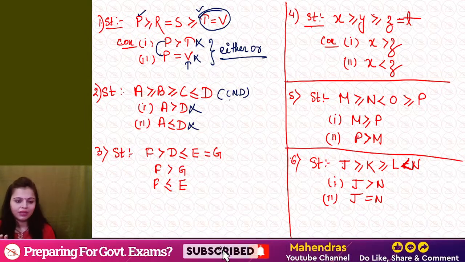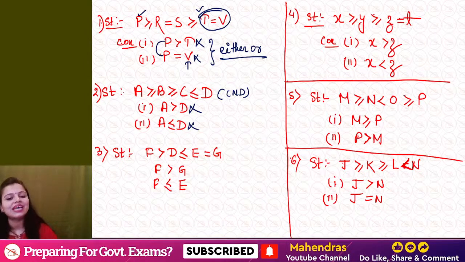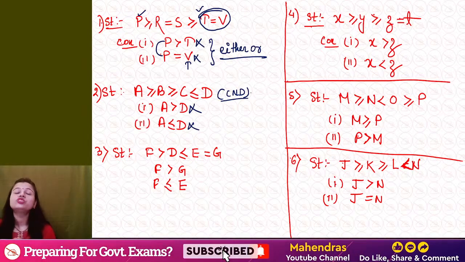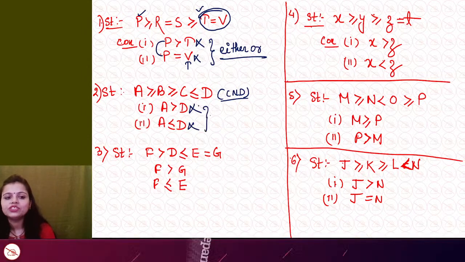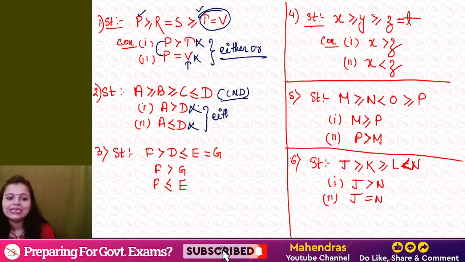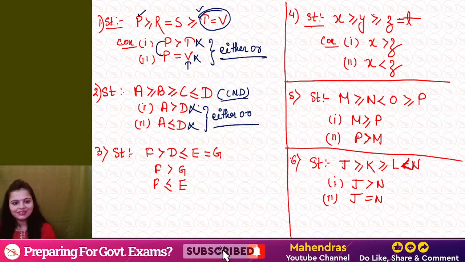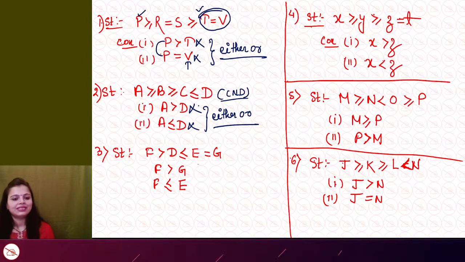And rule number 3 is all the three signs, because in the C and D case, we know that we need all the three signs in the conclusion. See, all the three signs are present. That means your answer will be either or. Again, second one is also either or. Second one is again clear, because in the second case we are getting C and D. Now the third case.